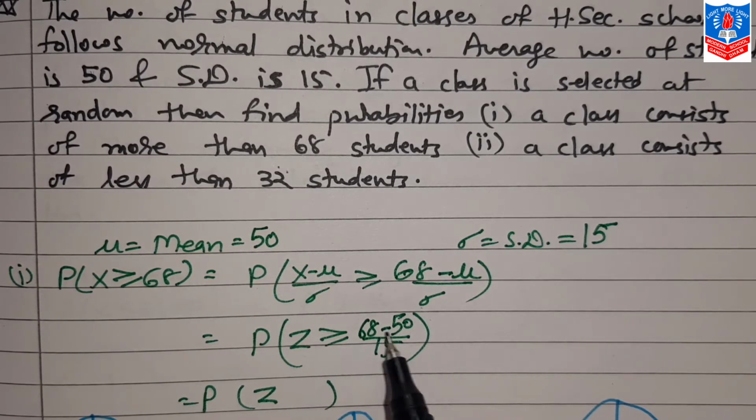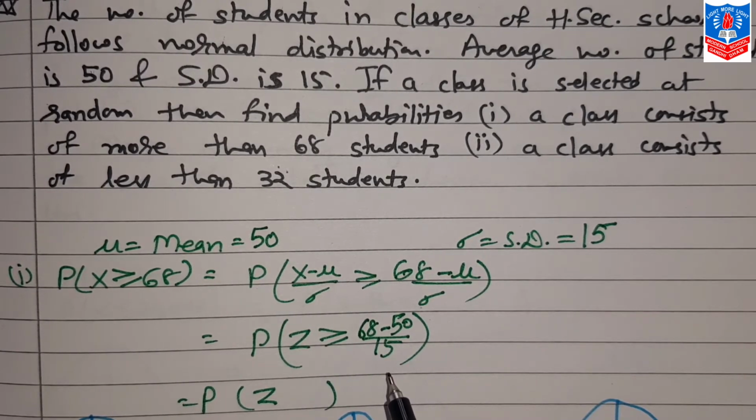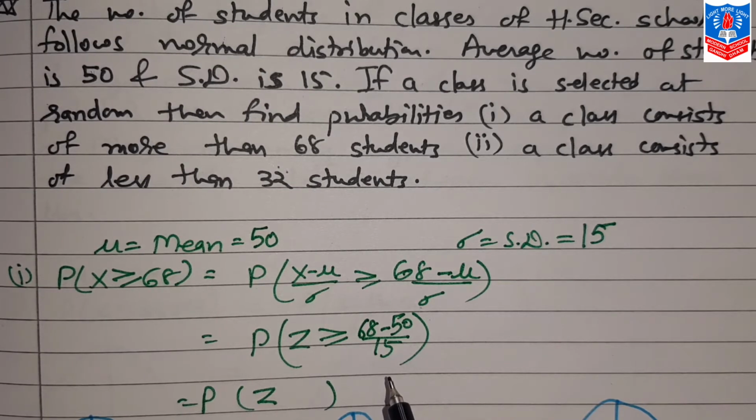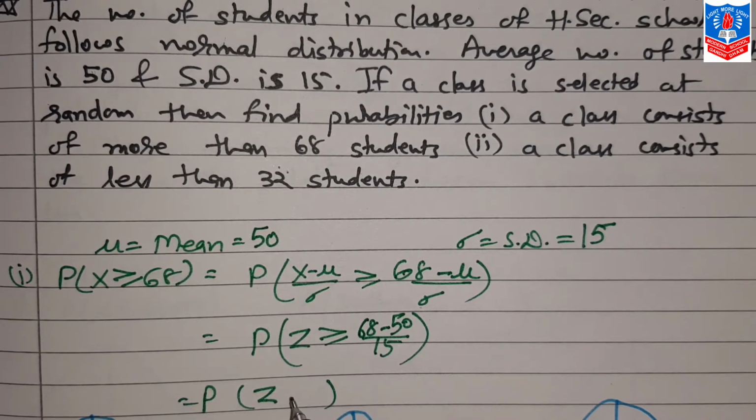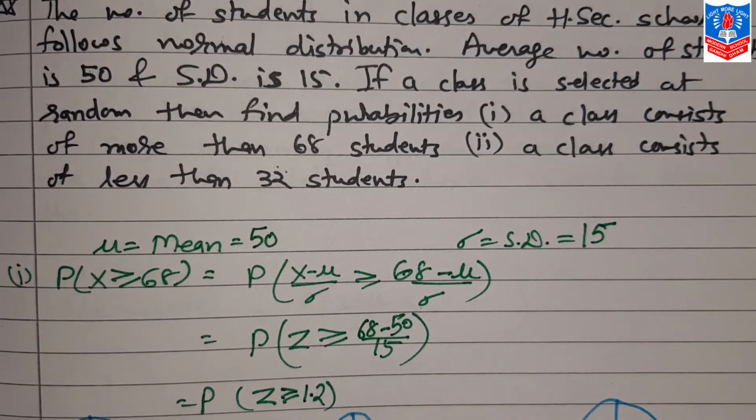Now this is 68 minus 50, divided by 15, and what we find is 1.2. So value of Z is greater than or equal to 1.2.